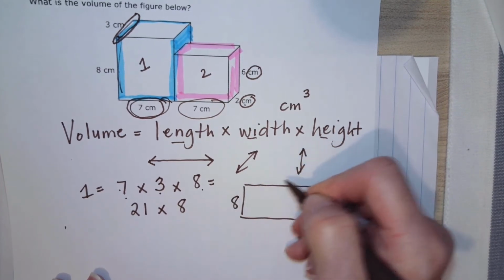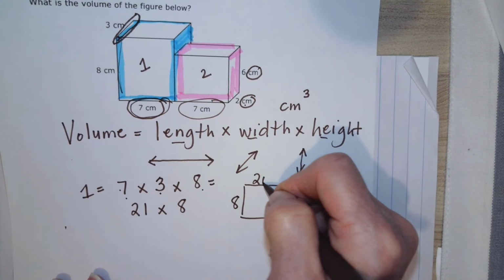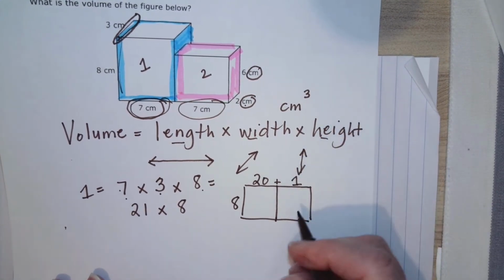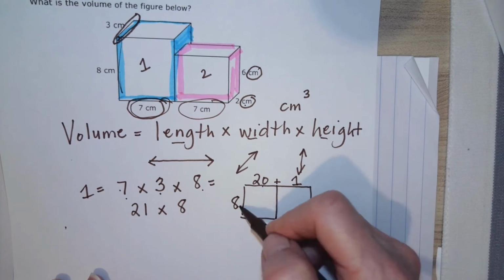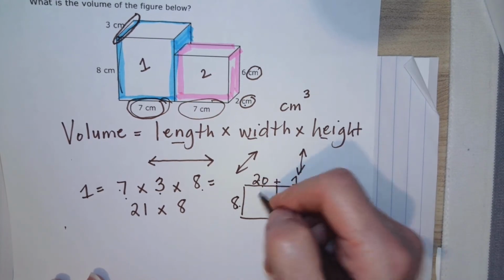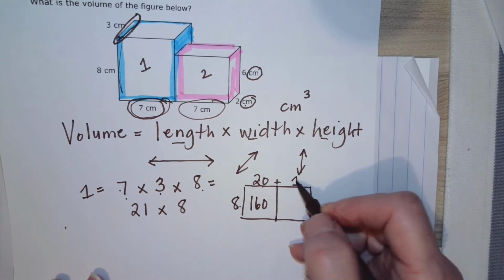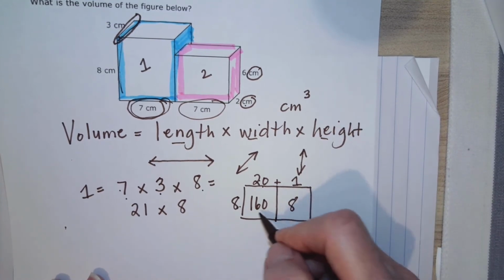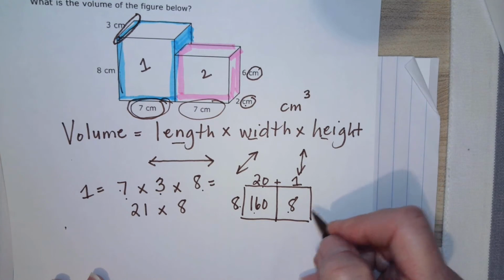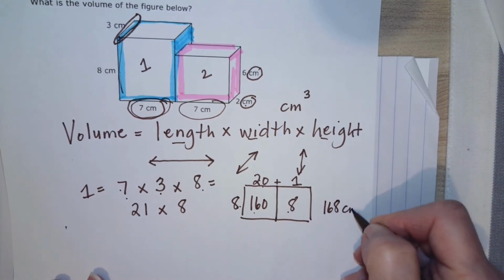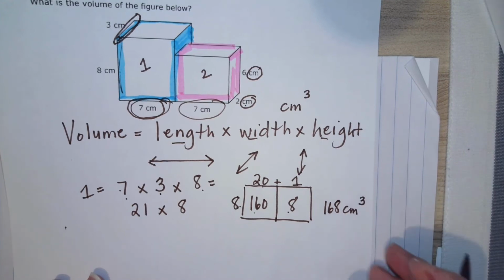Well, I'll put my 8 here, and I'll break this into my 20 plus my 1. Okay. 20 times 8. If I know 8 times 2 is 16, 20 times 8 is 160. And 1 times 8 is 8. 160 plus 8. So for this one, it's 168 cubic centimeters.